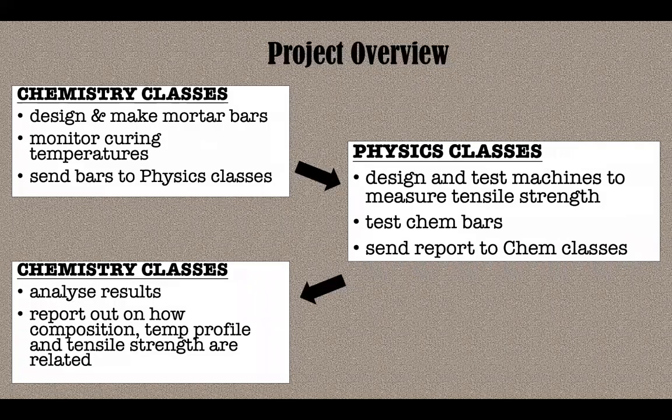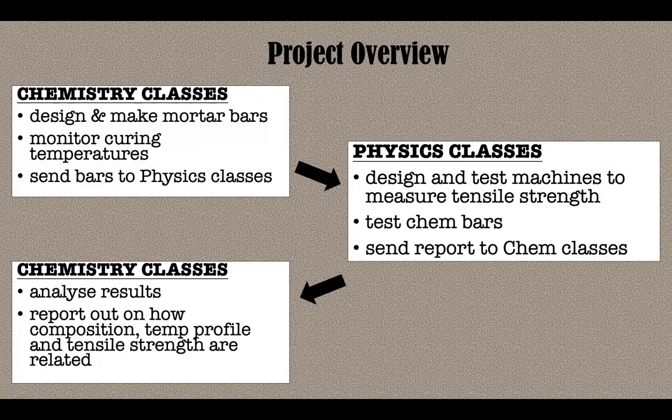So the overview of this project was that my chemistry classes designed and made small bars of mortar, and we'll talk about why they're mortar and not concrete. This was an application of studying the heat of reactions. We had a really boring lab applying how the rate of a reaction was affected by the temperature of the reaction, and I wanted something that was more applicable.